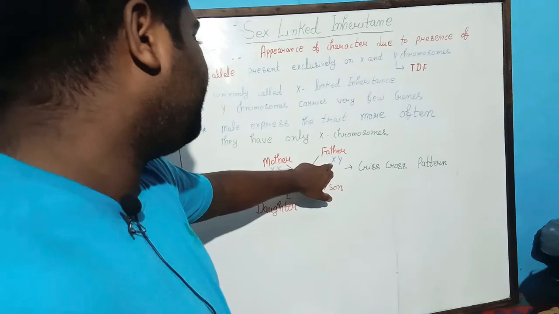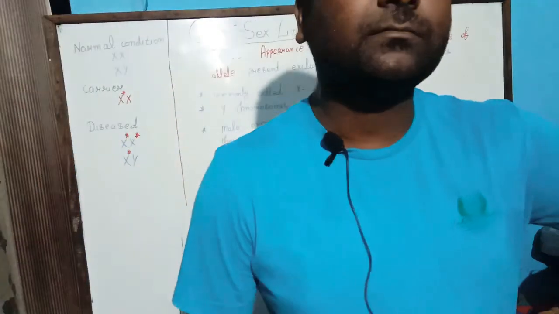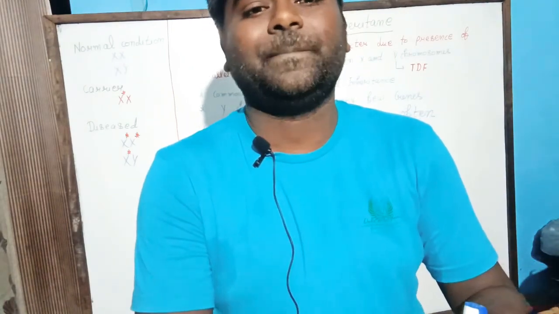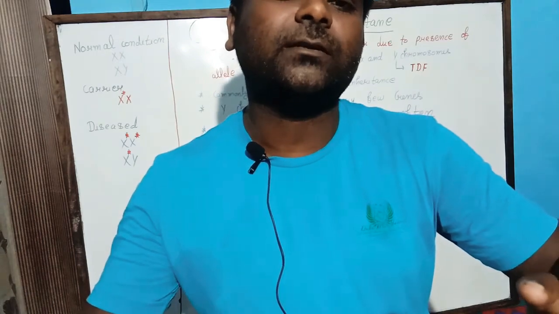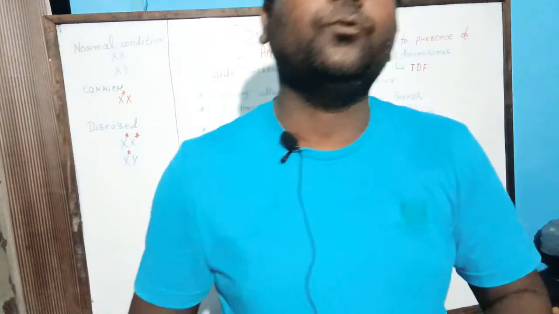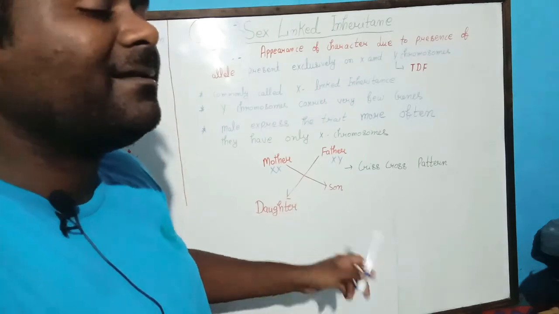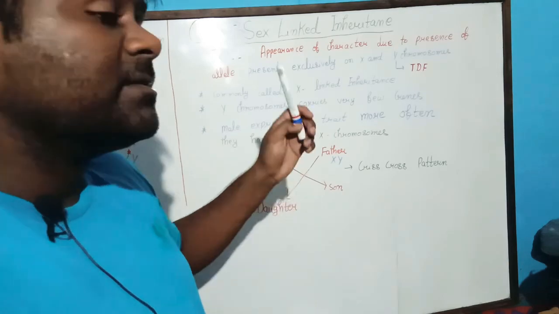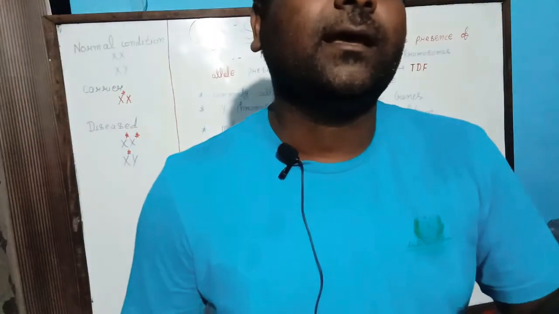So from the father, what is moving to the daughter? X is moving. And from the mother, what is moving to the son? X is moving. So from the father, the daughter is getting the defective gene, and from the mother, the son is getting the defective gene.